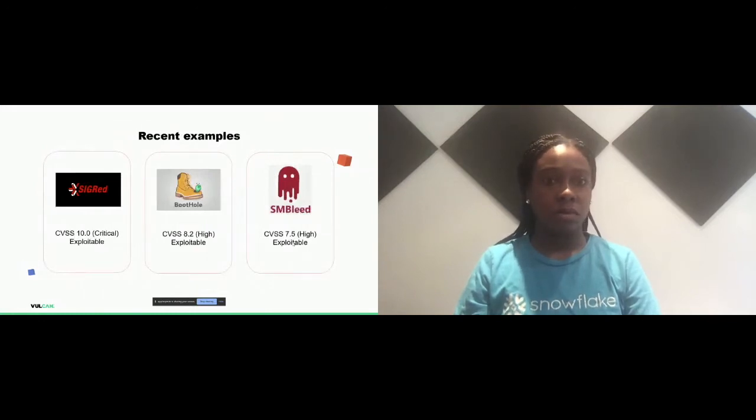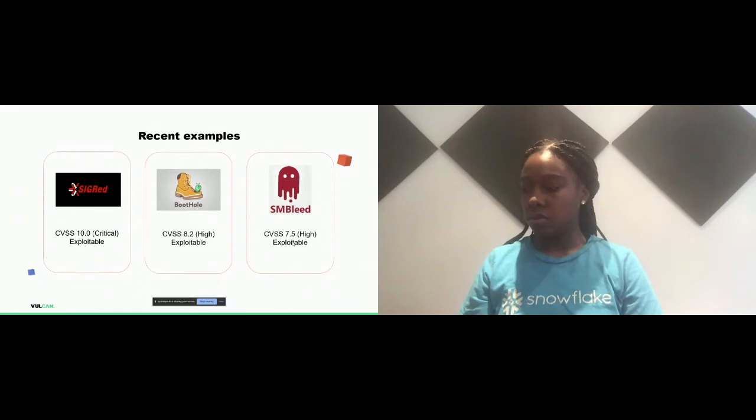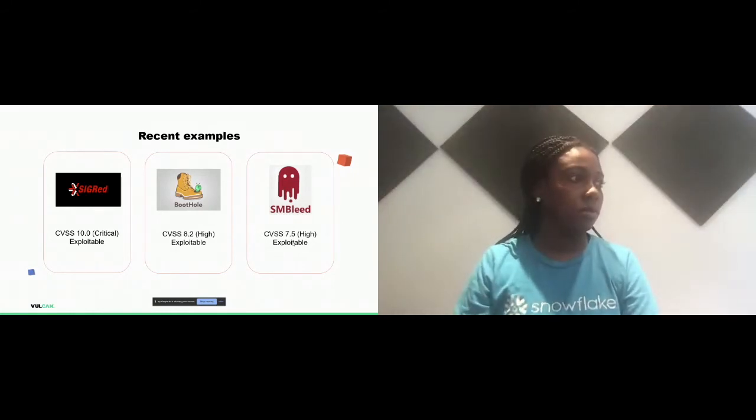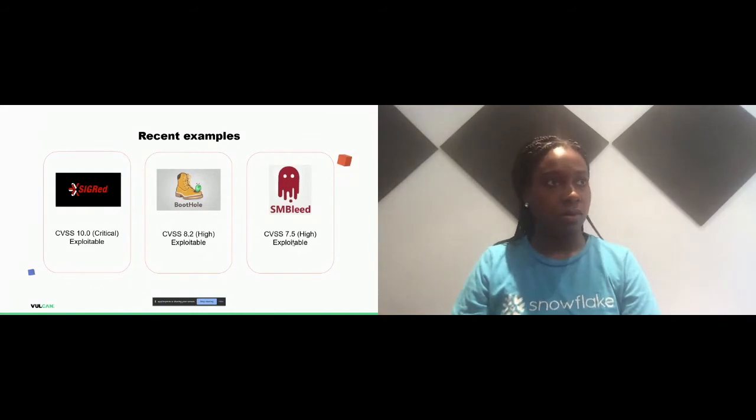Just a couple of examples to make this more real. So you see three different vulnerabilities that have been recently discovered. Ghost, which is a vulnerability in DNS server remote, dubbed as a potentially wormable vulnerability for Windows environments. BootHole, which is a boot driver vulnerability, cross-platform, impacts every Linux distro, every Windows distribution.